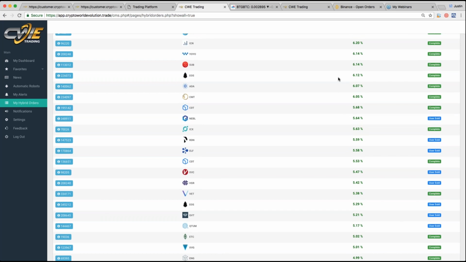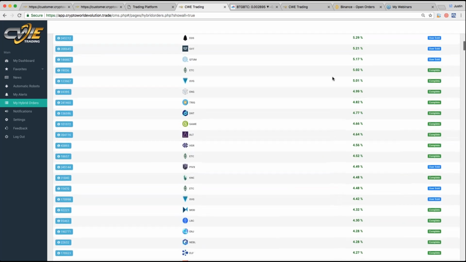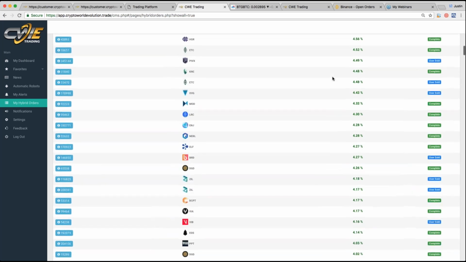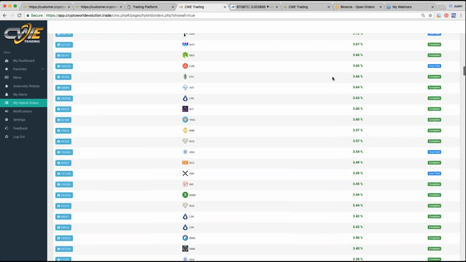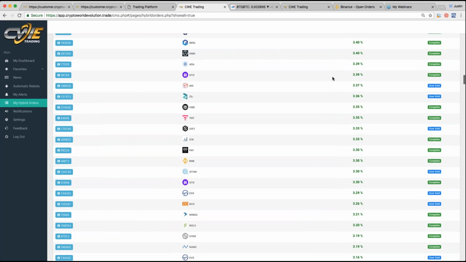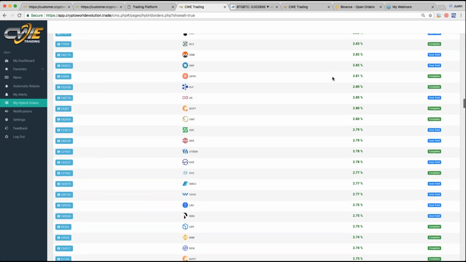You can take it or leave it, but I want everyone to be able to take advantage of this. But there are no guarantees, right? A coin might tank, and that's just how the market is. But you can see the power of this bot if you get the right coins to choose. This here is pages and pages, guys, and like I said, I'm not showing this to brag.